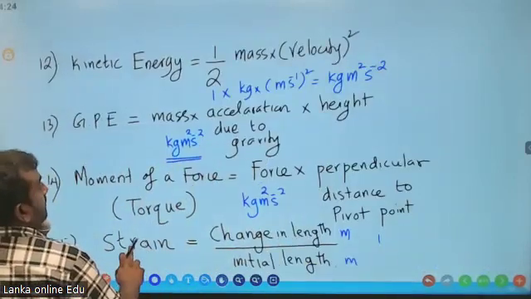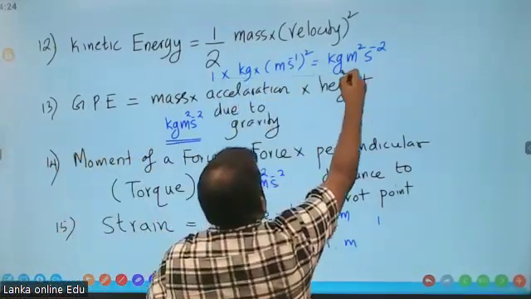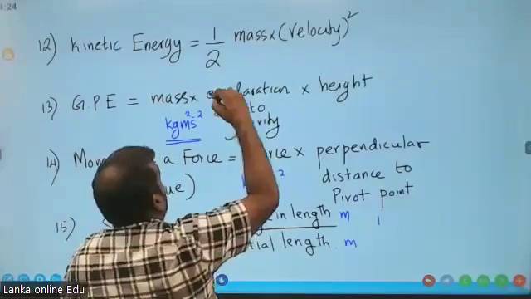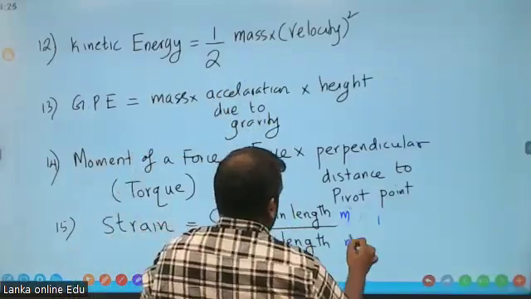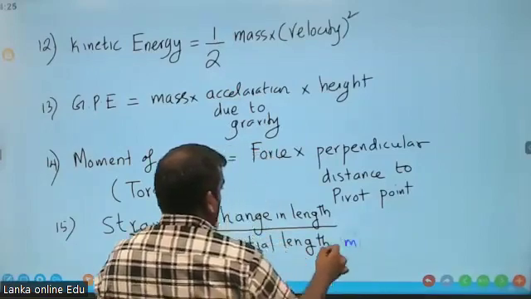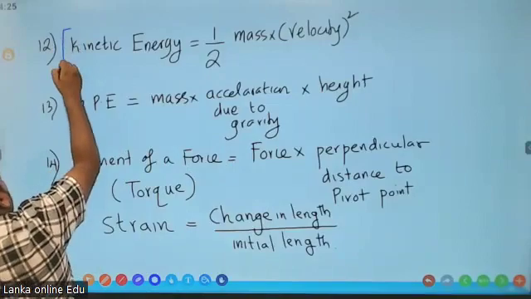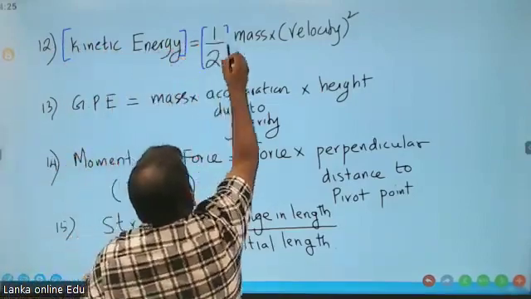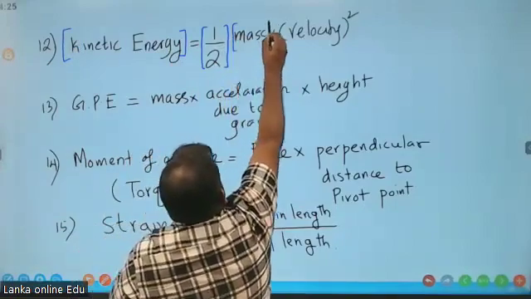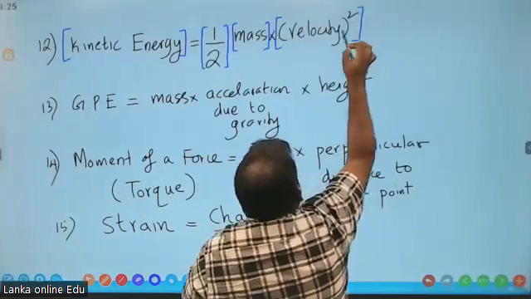Kinetic energy. Now units will be removed. Kinetic energy square brackets, half mass velocity squared.